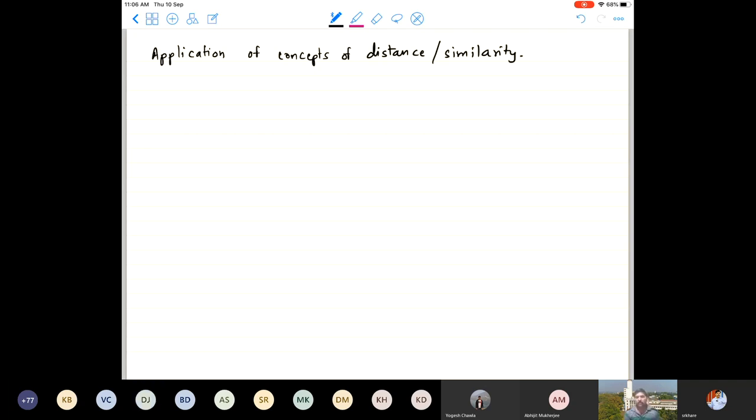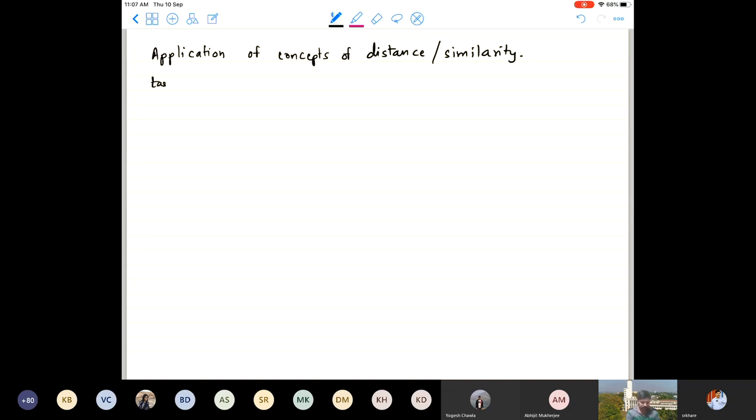So this is something that we want to discuss, the application of concepts of distance and similarity. What happens really in any AI ML application is that there are certain objects.